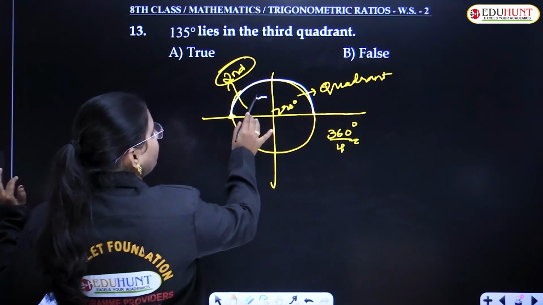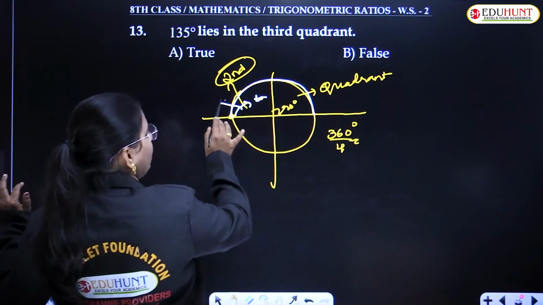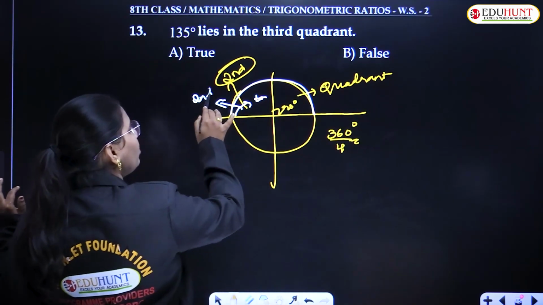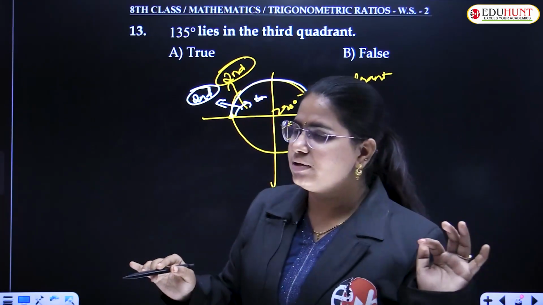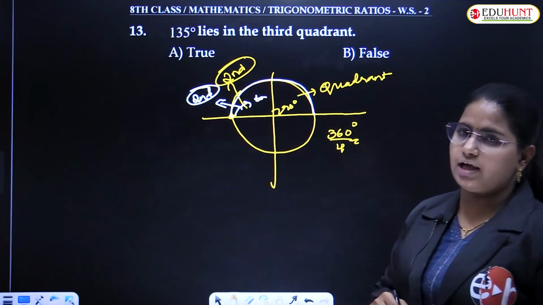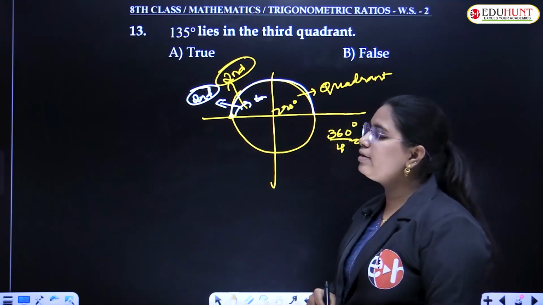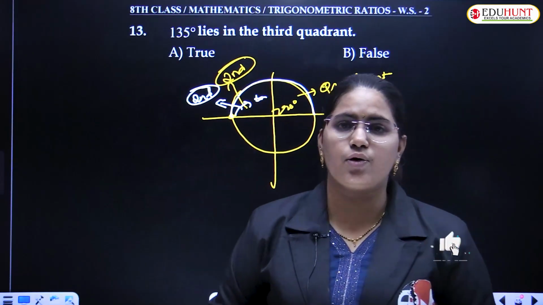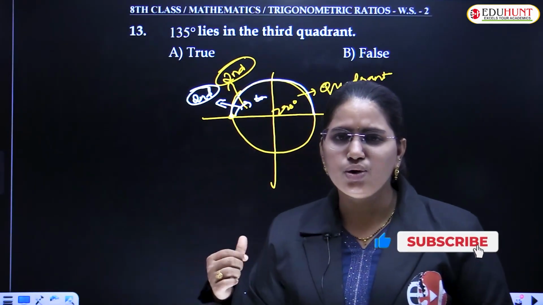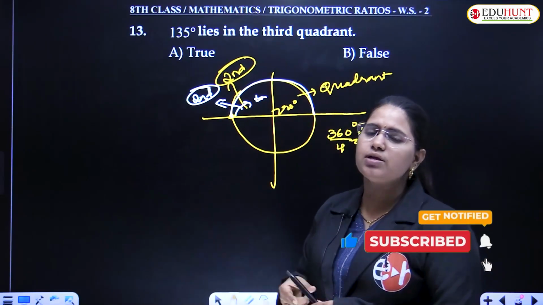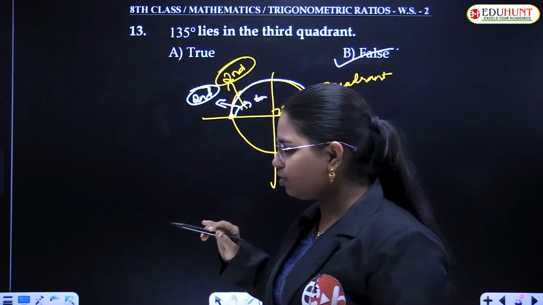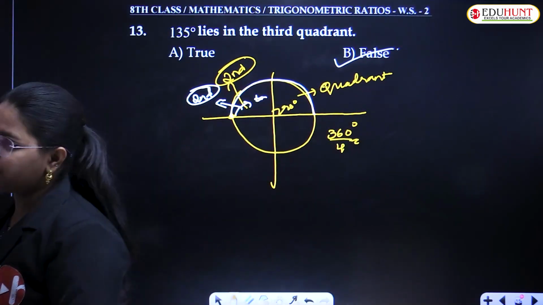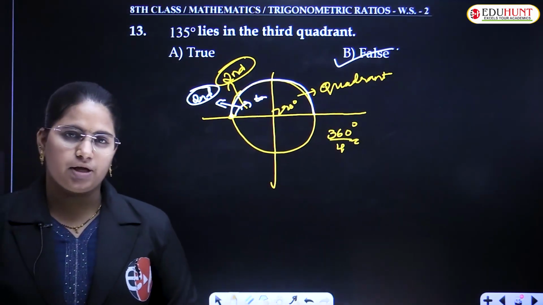So it lies in the second quadrant. But in the question they have given that 135 degrees lies in the third quadrant. Is it true? No, it is a false statement. So it is option B.